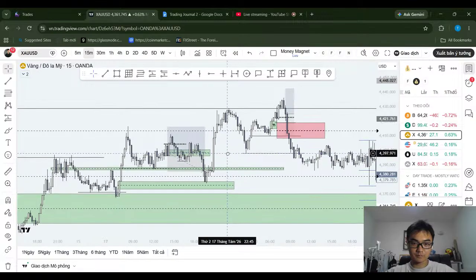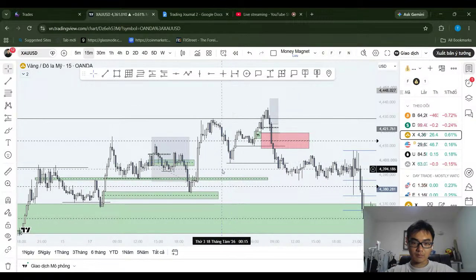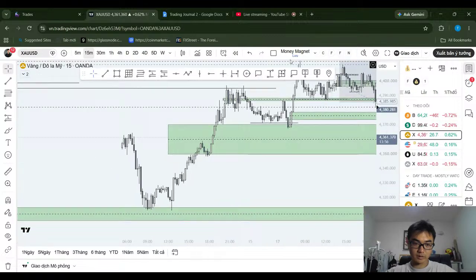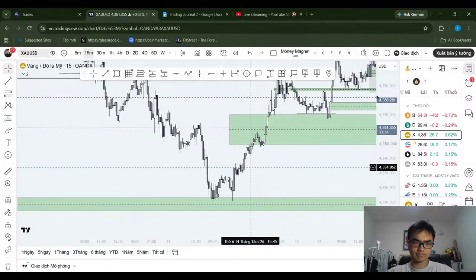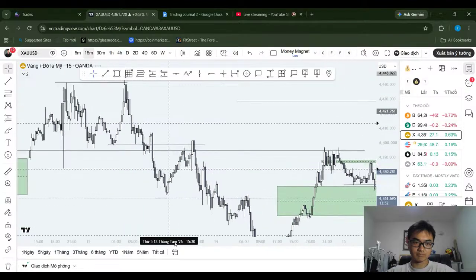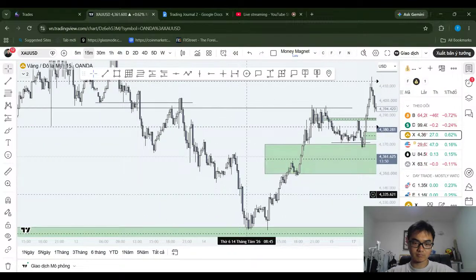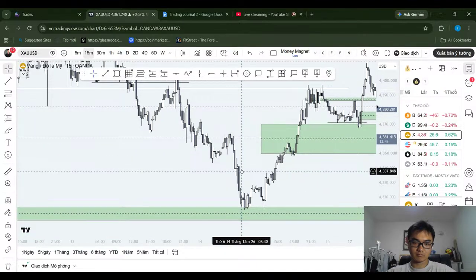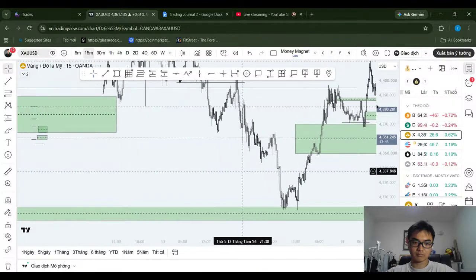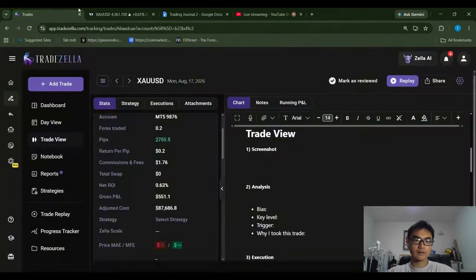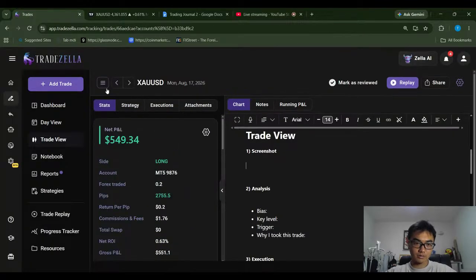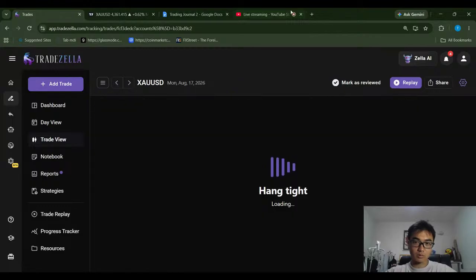No, from here I took a trade around this one. No, this one. Yeah, this one. This is the trade that I'm currently journaling. So I move on to the next one.